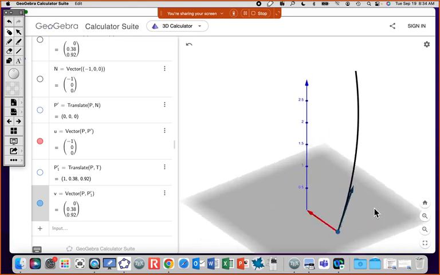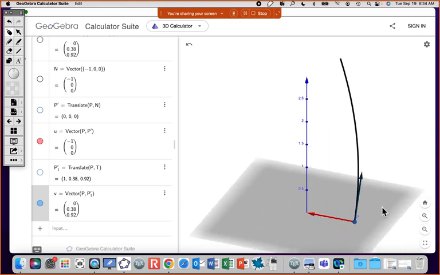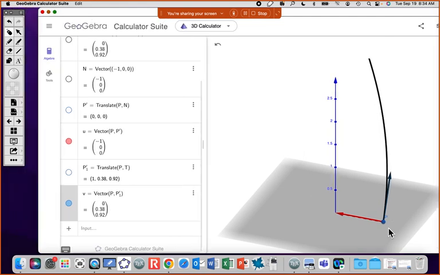On the next take-home, I do have you do a bit of GeoGebra work, just so you can see what's going on. Once again, the tangent vector is the direction you're going. If whatever force is acting on this object suddenly vanished, this would be the direction it would head, and the normal vector is orthogonal to it.